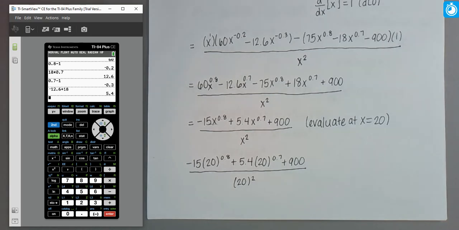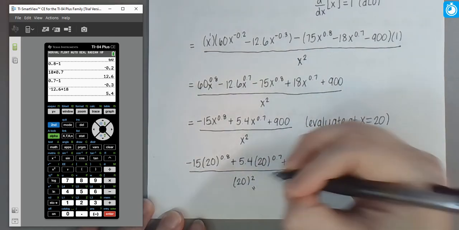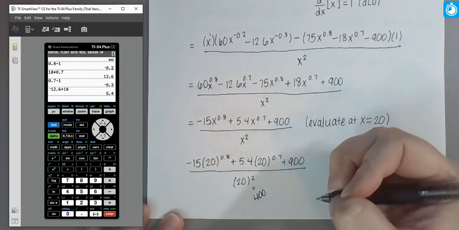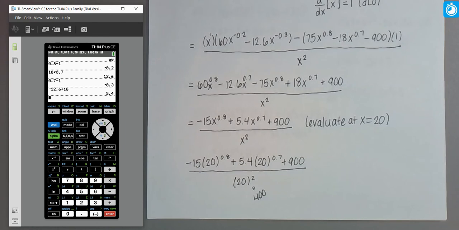Alternatively, you can go one term at a time: evaluate the first term, hit enter, add on the second term, hit enter, add on 900, hit enter, and then divide by 20 squared, which is 400. Let's do that approach, because if you forget those parentheses in the numerator, you will get a different answer than intended, because you're not actually evaluating what the expression is telling you to evaluate.